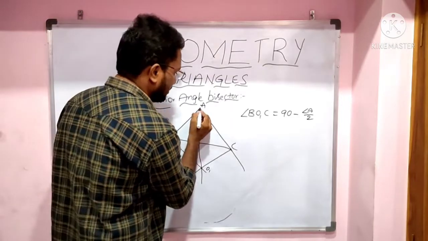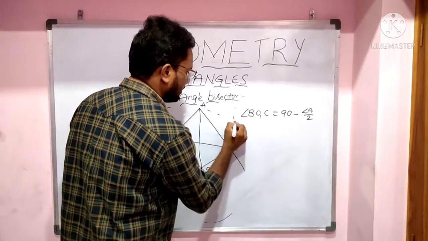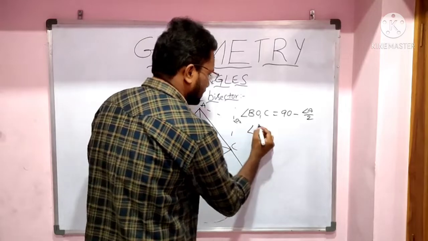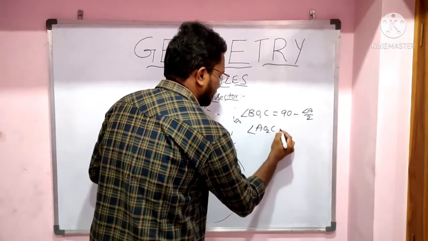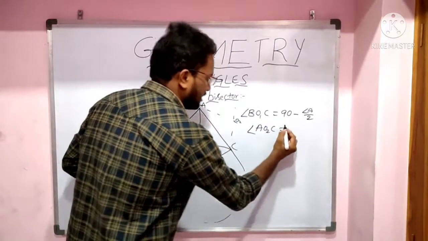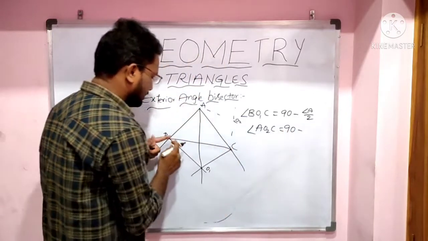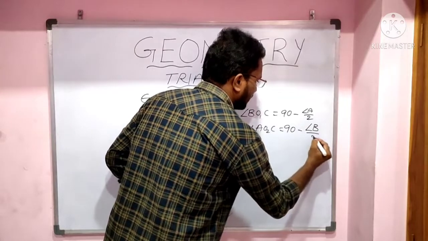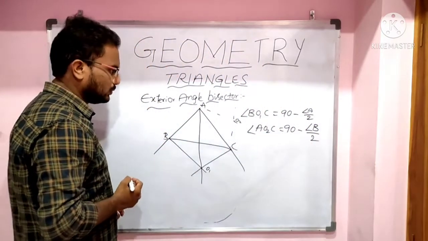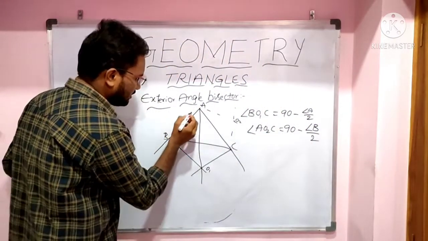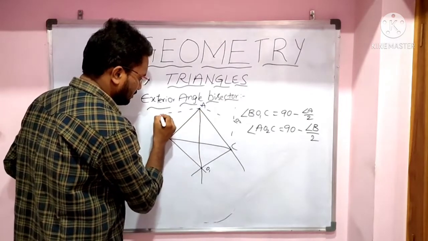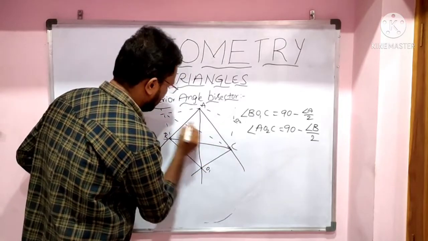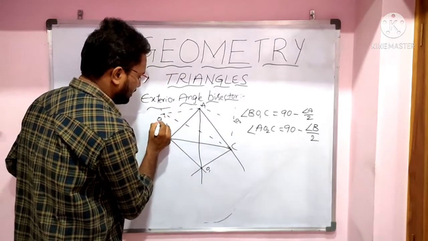Similarly, if I draw this one, let us say this is O2, then angle AO2C is equal to 90 minus half of the opposite angle, B by 2. And similarly, for this one, this is the excenter 3, O3.